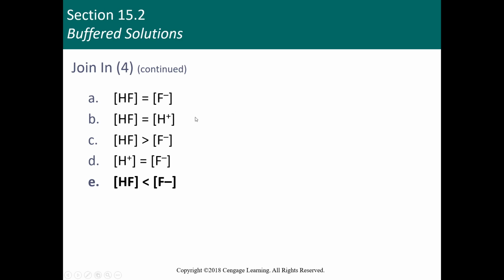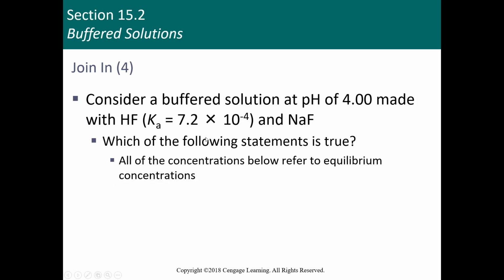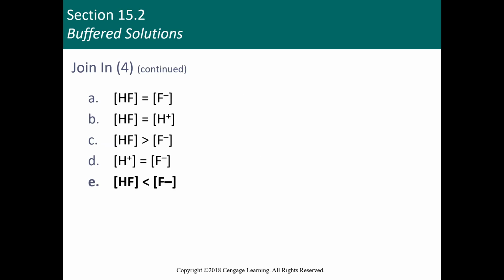By the way, this HF equals H plus, most of these don't really make a lot of sense in the context of this question in the first place. So you actually could have eliminated quite a bit of those just by thinking a little bit about this, that this is a buffered solution. Anyways, again, it's E, which is the HF is a lower concentration than the F minus.